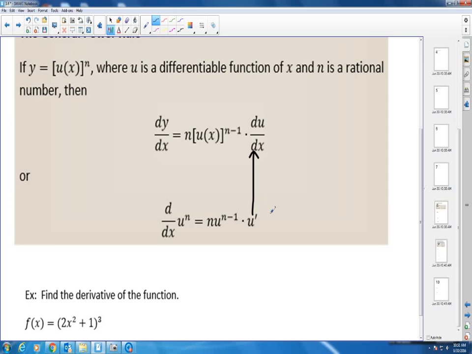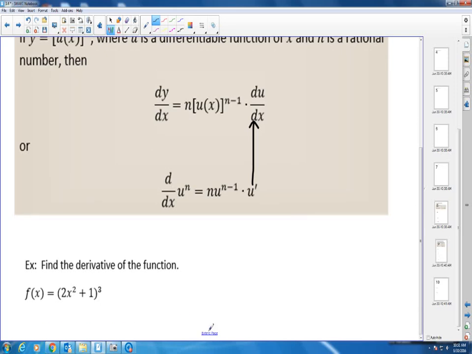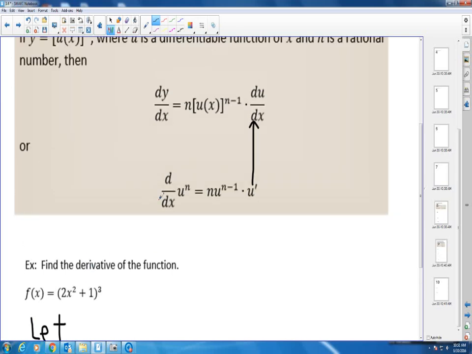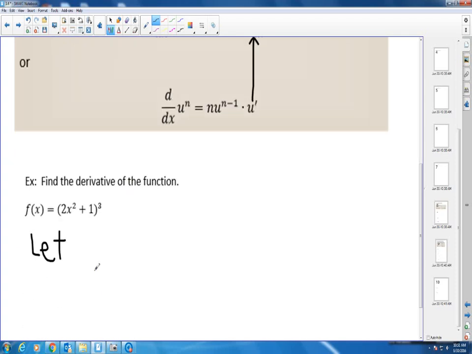Alright, I'm going to give the same problem, just written out differently. My function f of x, if I want to match it to this problem, I let u be 2x squared plus 1.